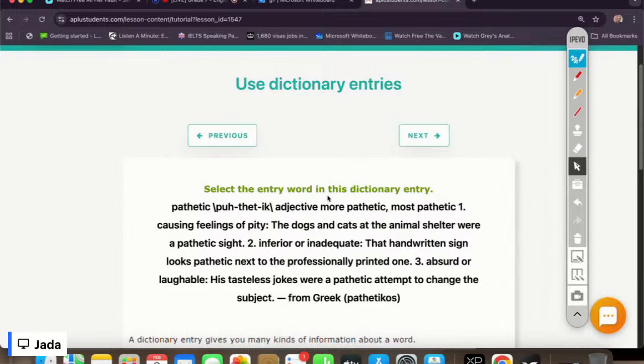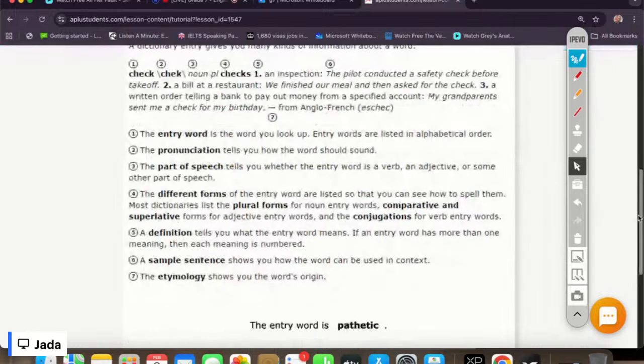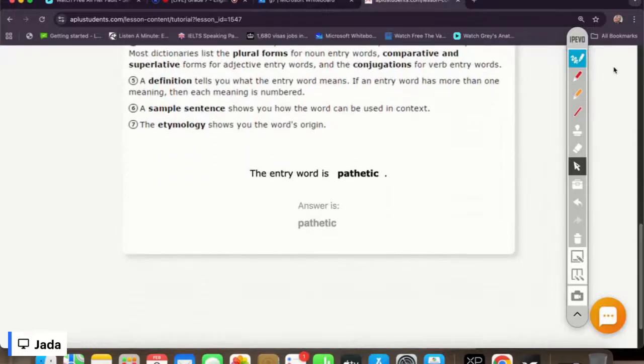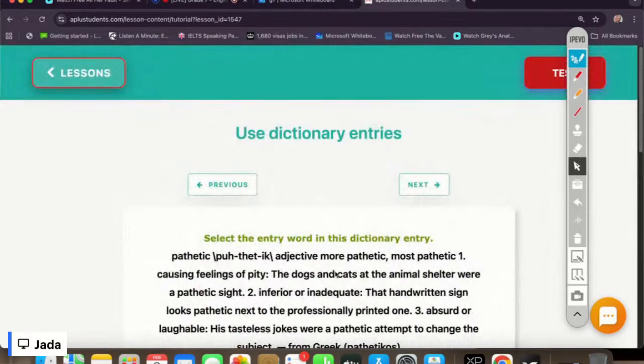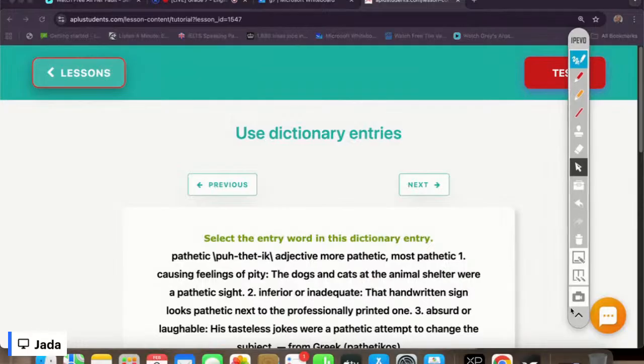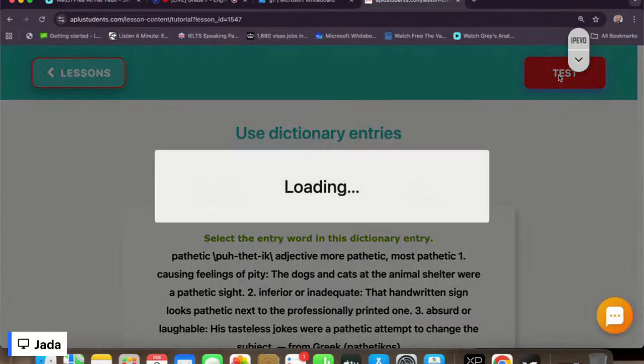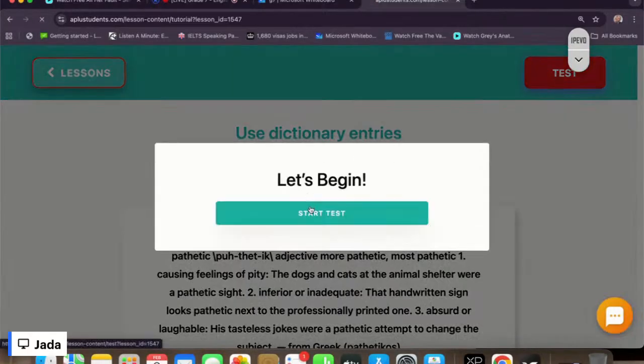So select the entry word in this dictionary entry. What's the entry word? We have pathetic. Okay, so pathetic is the entry word if you want to search something on the dictionary. Okay, let's go to the test and you can share your answers with me. Okay.